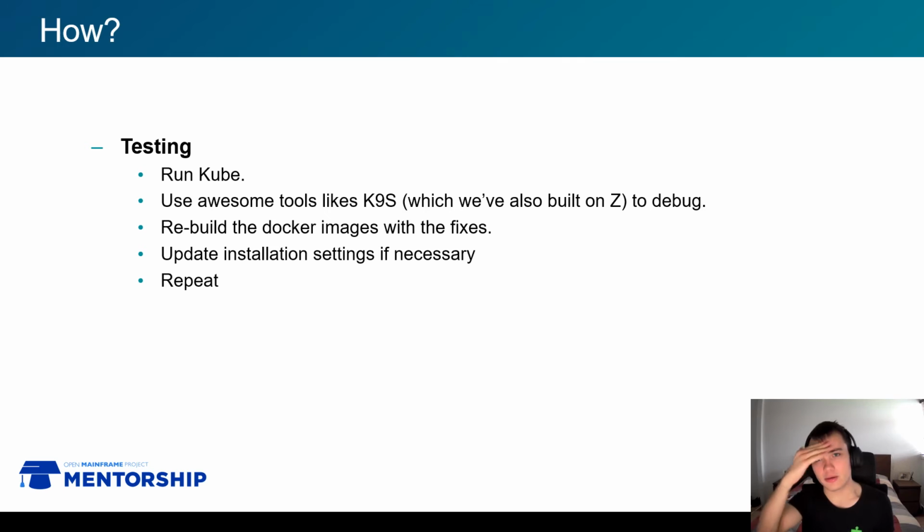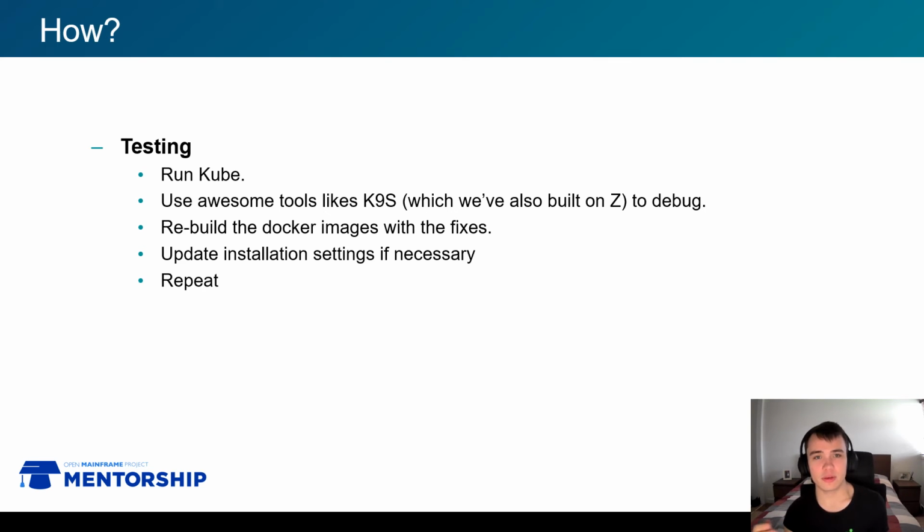So next, to testing. So to make sure applications are working as expected, we deploy KubeCF and then start debugging. So first, of course, we run KubeCF using Helm. After that, we use KNS, which is a great tool for debugging Kubernetes pods and containers and basically give you information about anything.